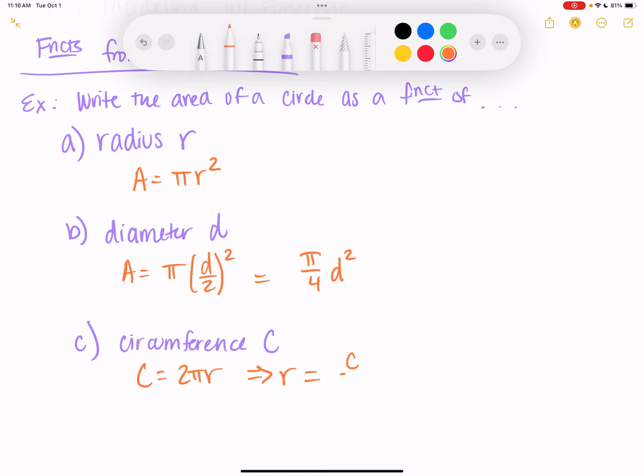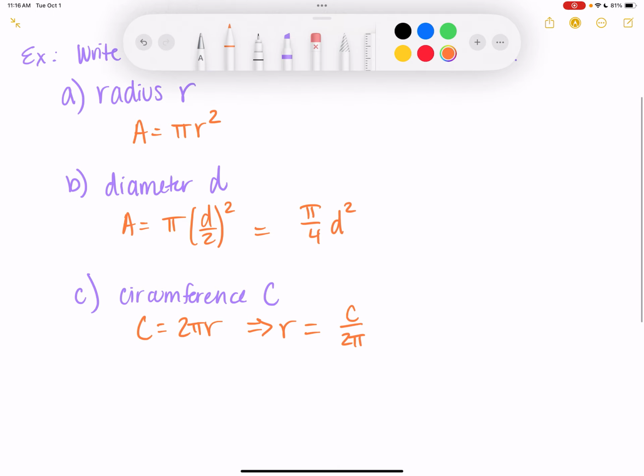So now I have radius written as a function of circumference, but I need area written as a function of circumference. So I'm going to have A equals pi times (C over 2 pi) squared, which is pi times C squared over 4 pi squared.